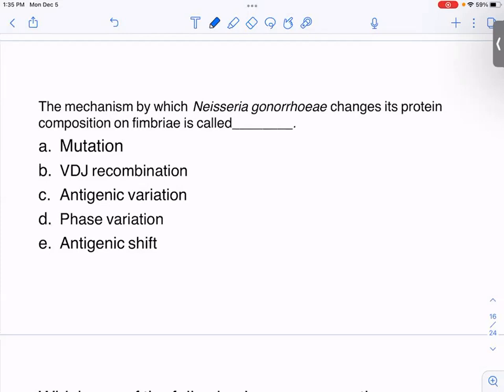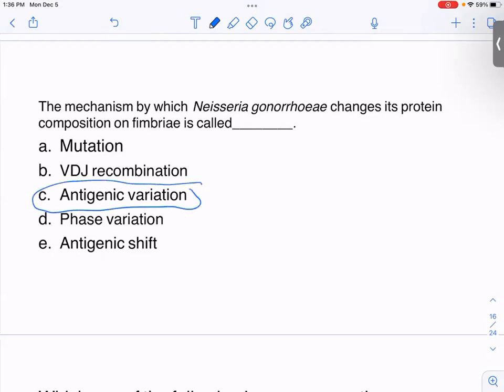This is one that trips some people up sometimes. Neisseria gonorrhoeae. We talked about how that organism really quickly changes the protein composition of its fimbriae. What do we call that mechanism? Yes, antigenic variation. I heard it. Good.